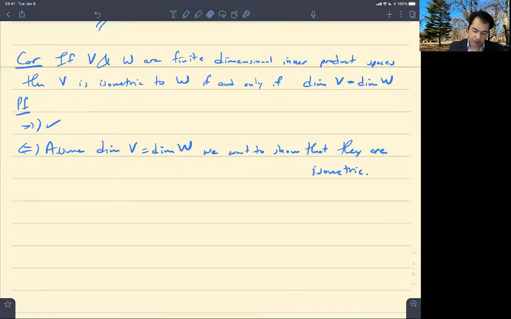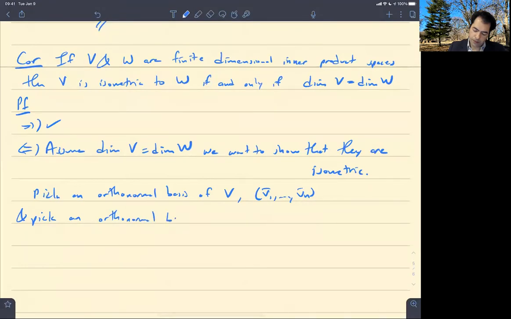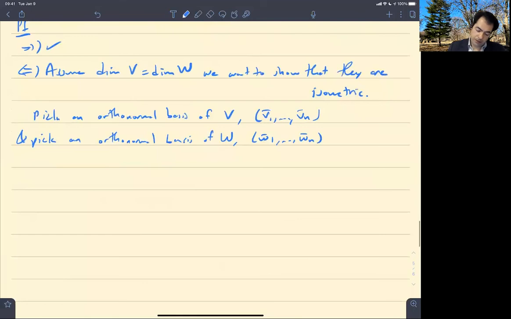Pick an orthonormal basis of V, call it V1 through Vn, and pick an orthonormal basis of W, call that W1 through Wn, right? And I'm using that they have the same dimension to say that there are n elements in each of these, right?